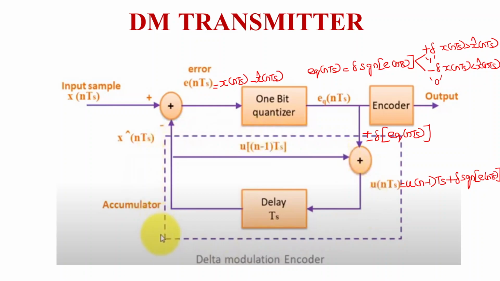Can you understand? Now here initially the accumulator is considered as 0. So I can rewrite u of nTs as delta sgn of e of nTs. So depending upon the sign of e of nTs, the quantizer produces either plus delta or minus delta.